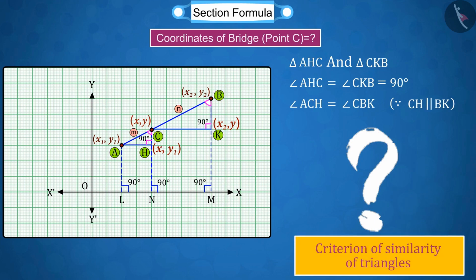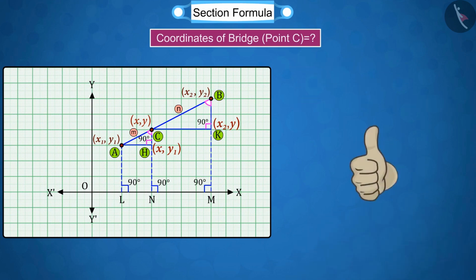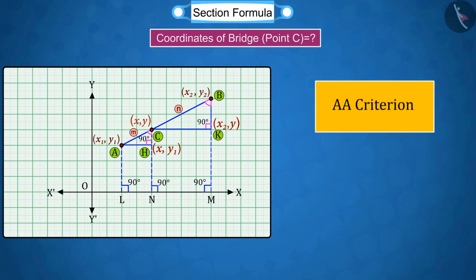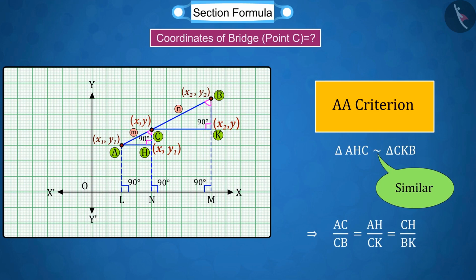These represent which criterion of similarity of triangles? Well done. These represent the AA criteria of similarity of triangles, from which we can state that triangles AHC and CKB are similar triangles. Therefore, the ratio of their corresponding sides will also be equal, as shown by equation 1.